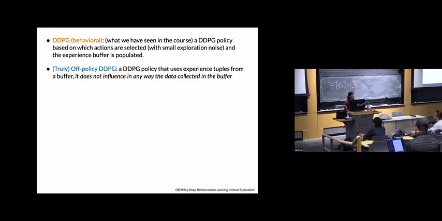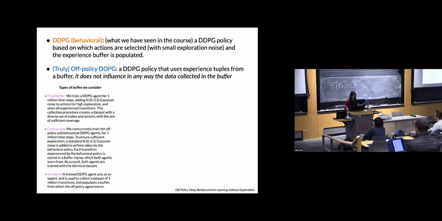This is exactly the first experiment we're going to do. The paper that you need to read for today's lecture is Off-Policy Deep RL without Exploration. We're going to have two DDPG agents. We're going to have the DDPG behavioral, the orange one, which is going to be the one collecting the data. And we're going to have the blue DDPG, which is going to be learning from the data that the orange one collected. We'll consider three types of data.